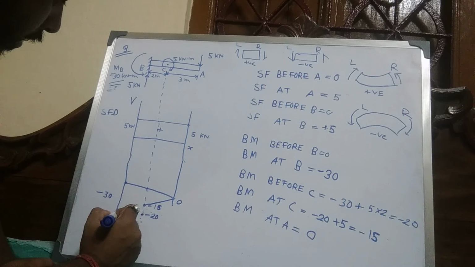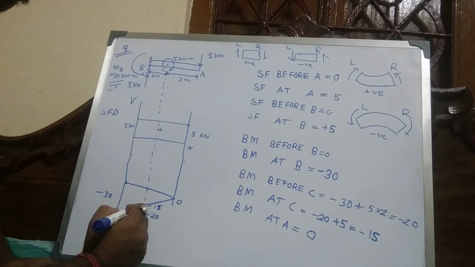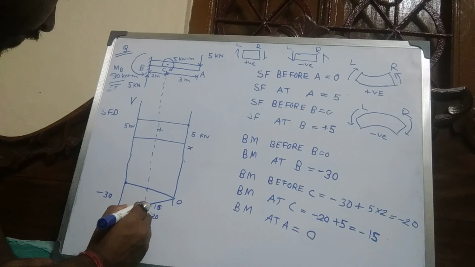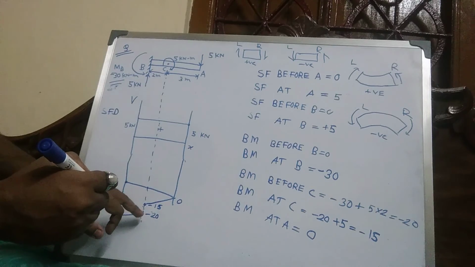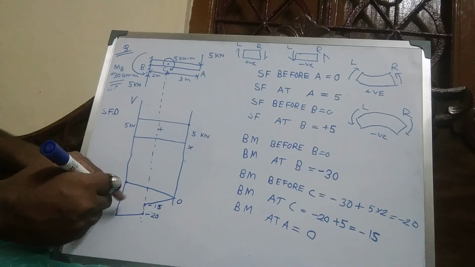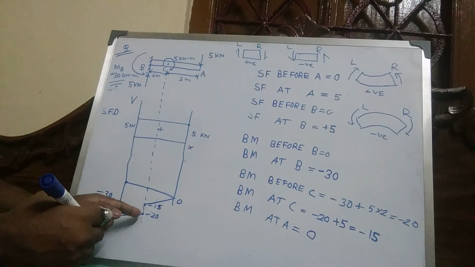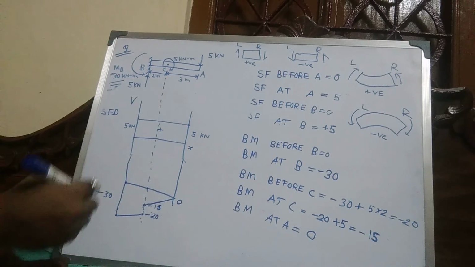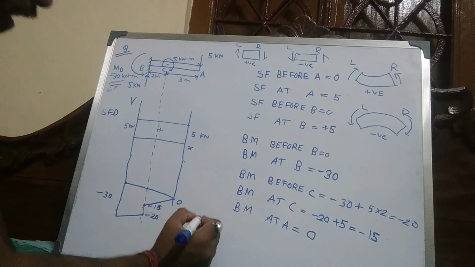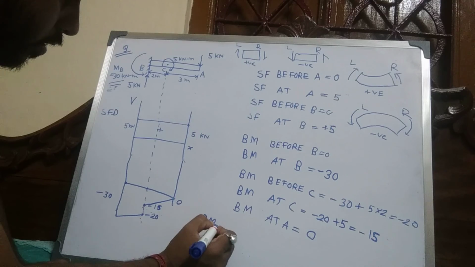Here a moment is acting, so there is a sudden jump in the bending moment diagram of 20. Understand that this is it.